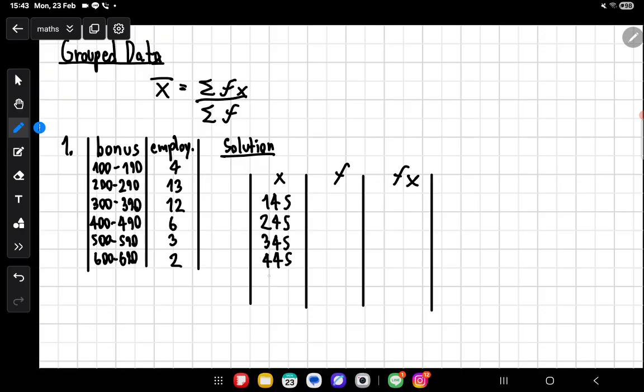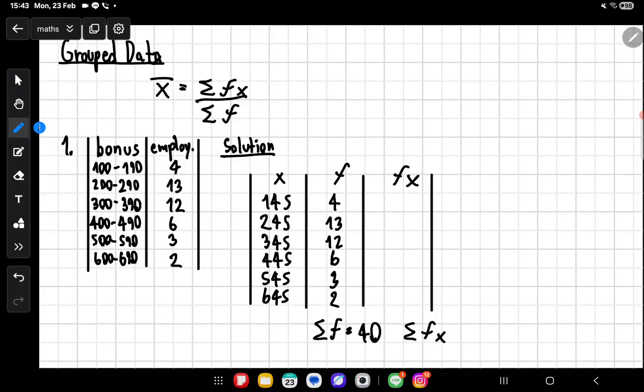So we can just do this. Now get the frequencies like that. Then you find the sum of frequencies and write that down. So in this case, the sum of frequencies is 40.